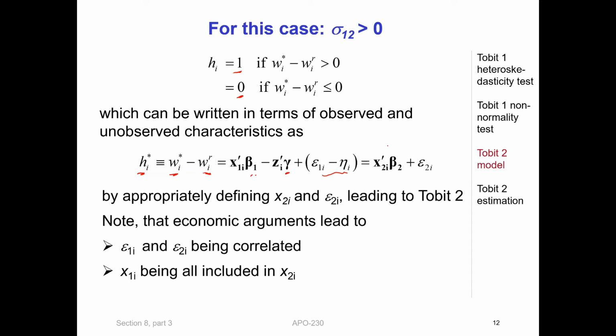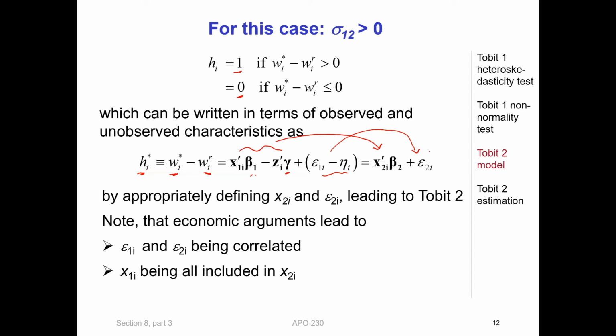And then if you define x1i beta 1 minus zi gamma as x2i beta 2, and the difference of the two error terms as epsilon 2i, it will return again to the Tobit-2 model, right?